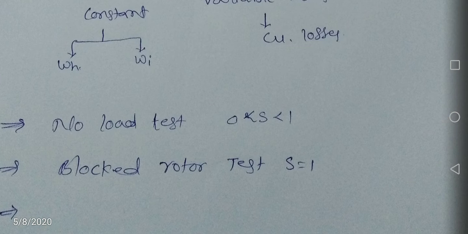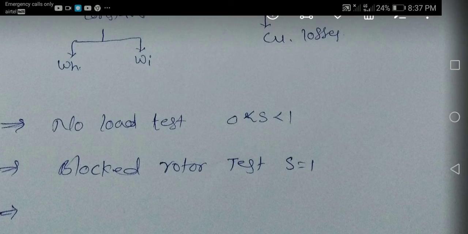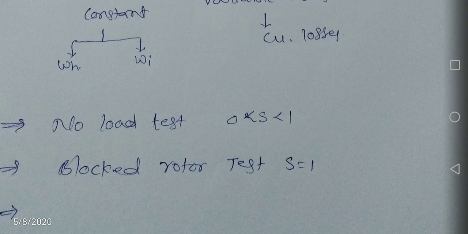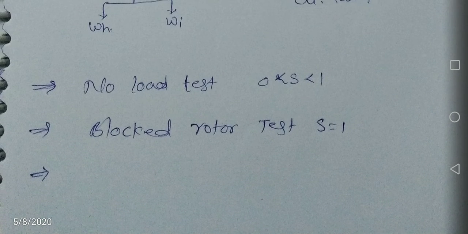By the blocked rotor test we can find R0 and X0, that is the rotor parameters, rotor resistance and rotor reactance. So this is about the blocked rotor test.